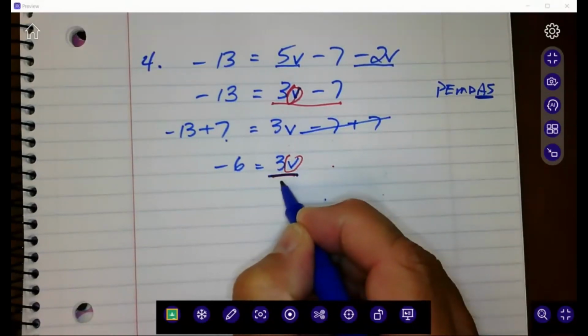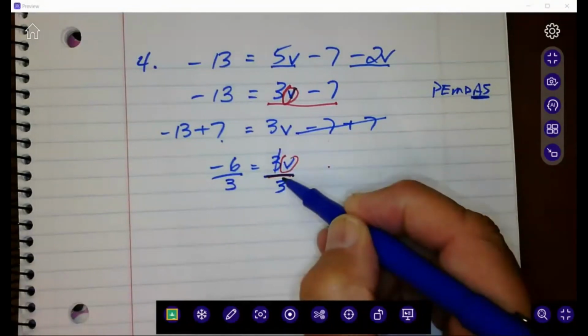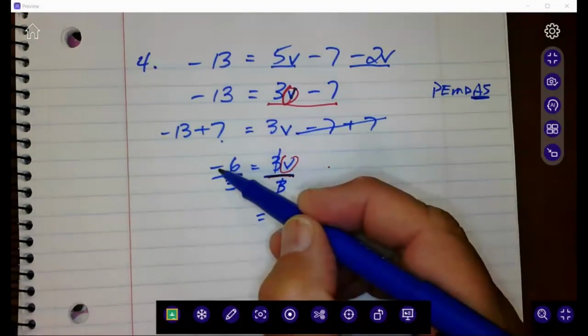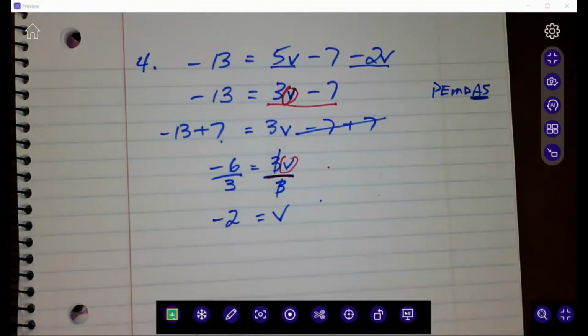Y'all are correct. We're going to divide by 3. Divide both sides by 3. These 3's divide out. We're left with v. And over here, -6 divided by 3 gives us a -2. A negative divided by a positive is a negative.